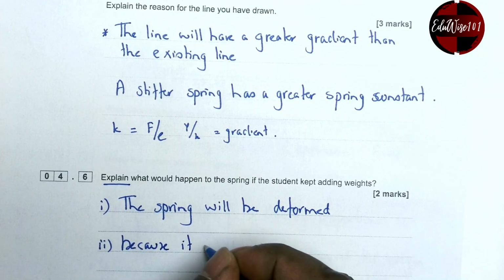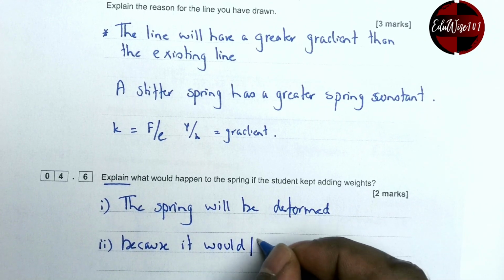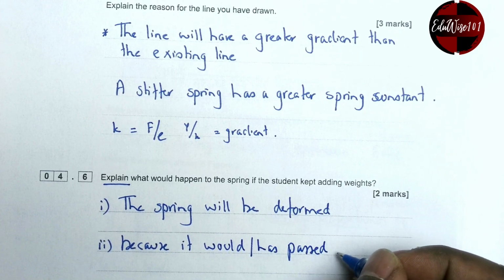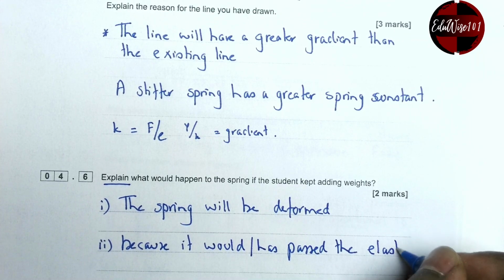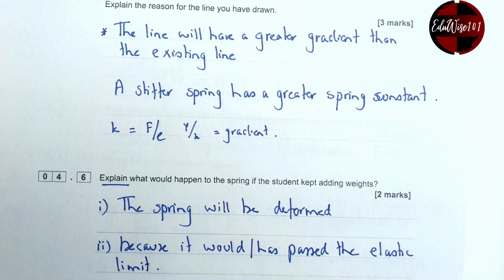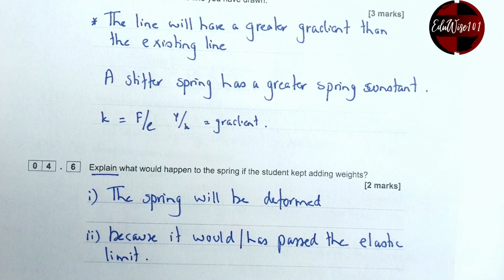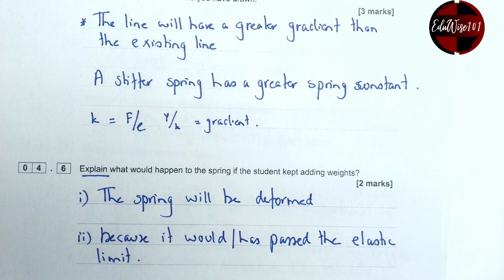Because it would or has passed the elastic limit. Elastic limit is when it's reached the limit of proportionality, and after that it becomes inelastic.